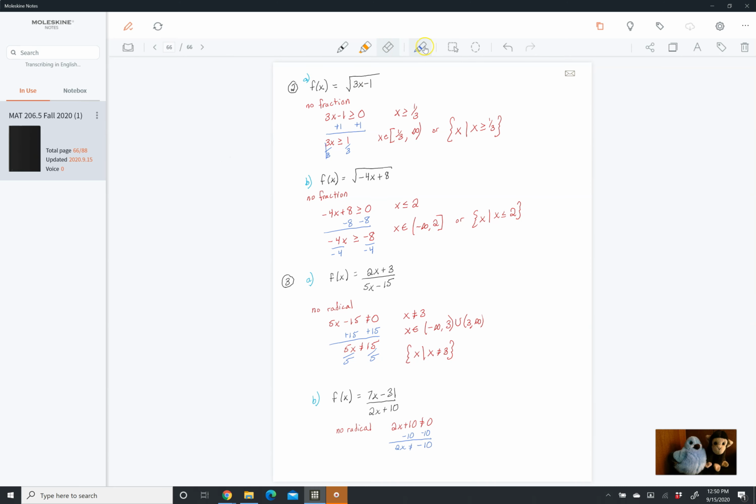And then we just divide by 2. And that gives us that x is not equal to negative 5.